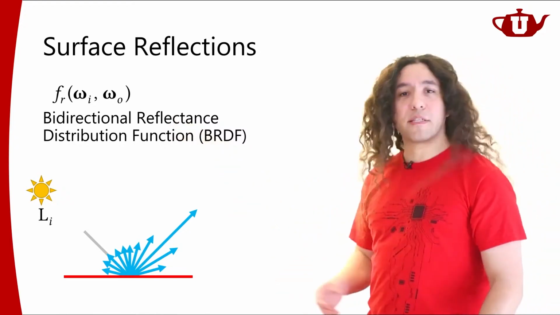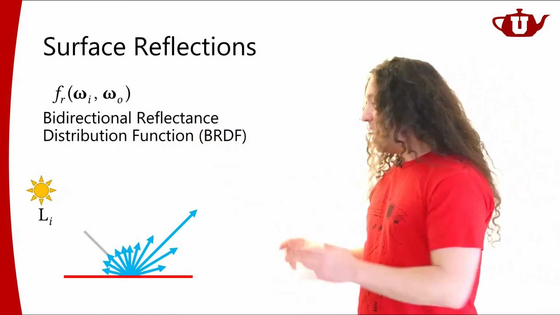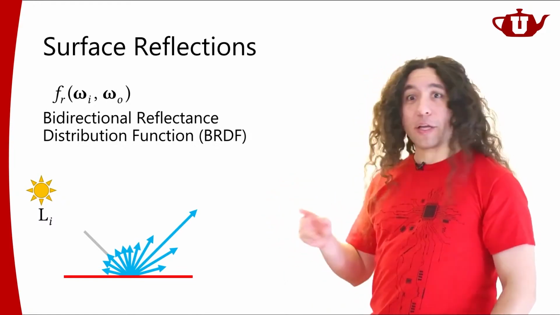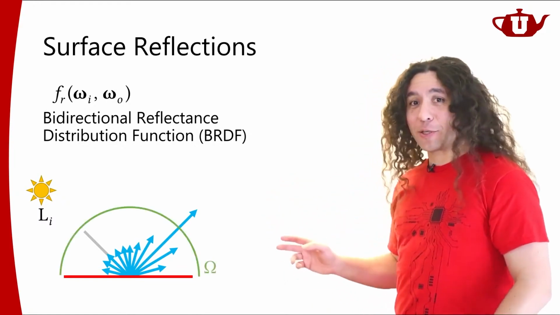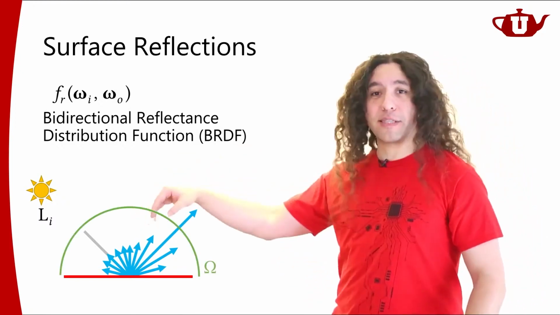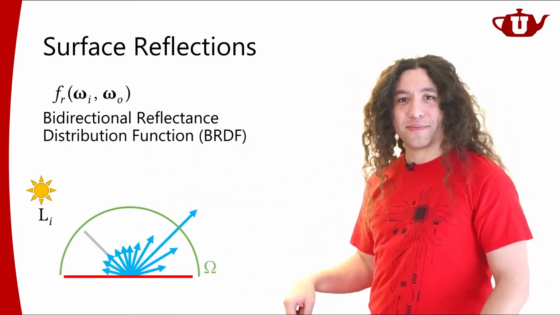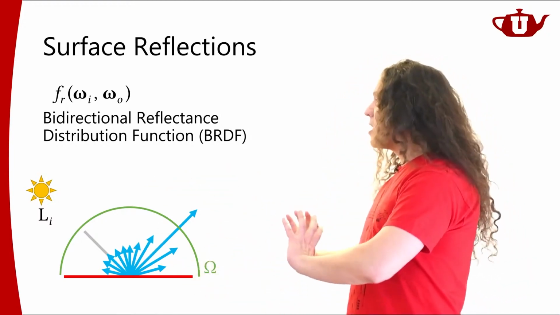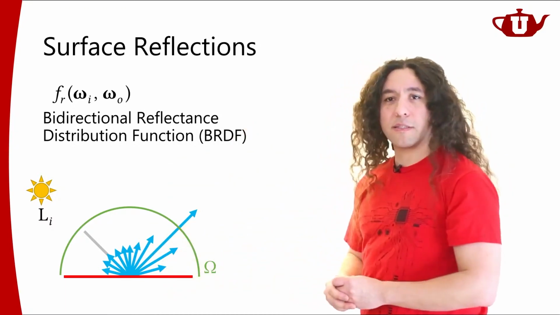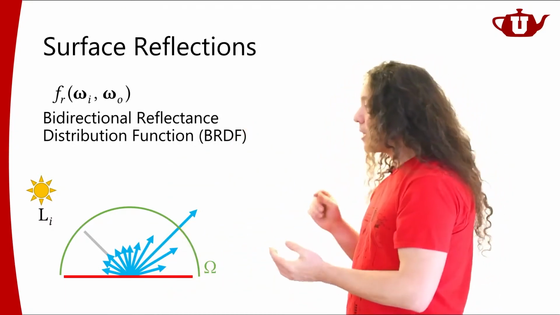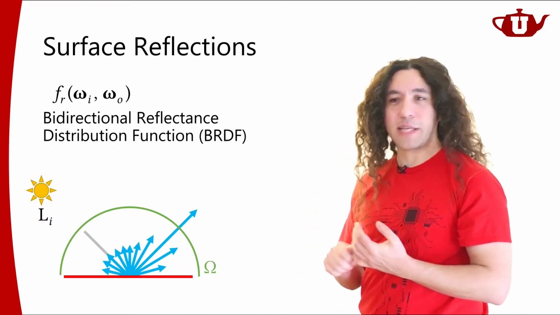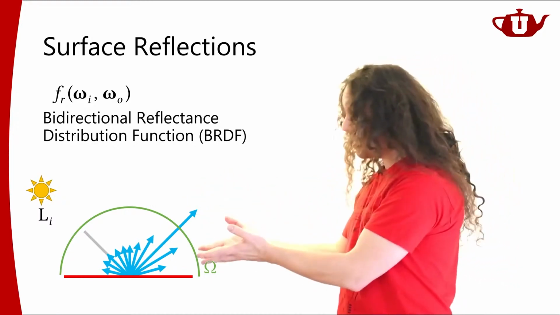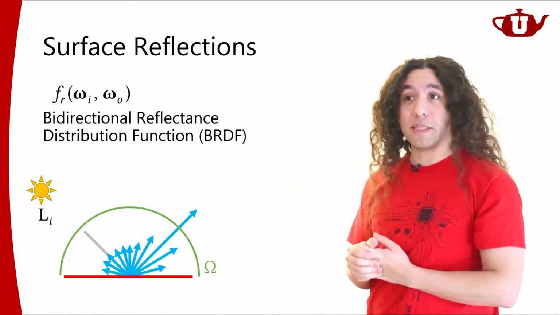Now, an important property of this function is that this needs to add up to 1, or it could be less than 1. What do I mean by that? I look at all directions that this light is scattering. If I sum the reflected light going to all directions, it should be less than or equal to 1, because I cannot reflect more light than I'm receiving. This surface cannot reflect more light than it receives.